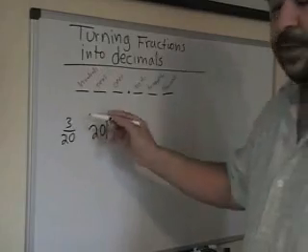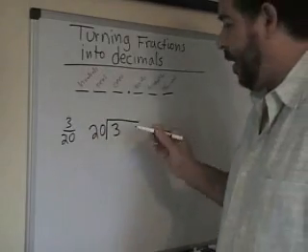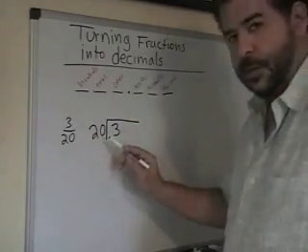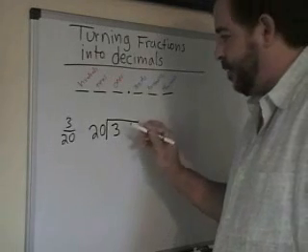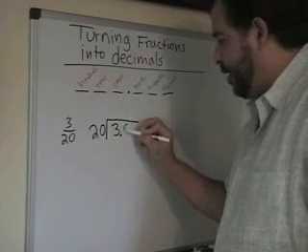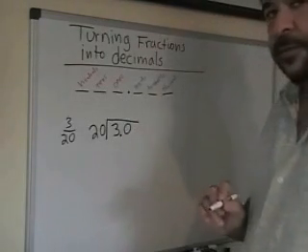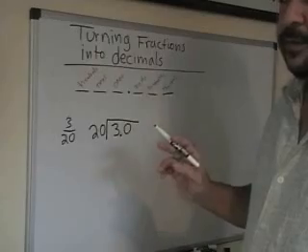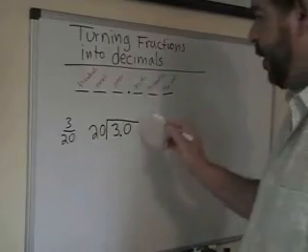Okay? Because that's what really a fraction is, it's division. Now, we all know that we can't divide 20 into 3. So what you do is you put a decimal point and you add a 0.